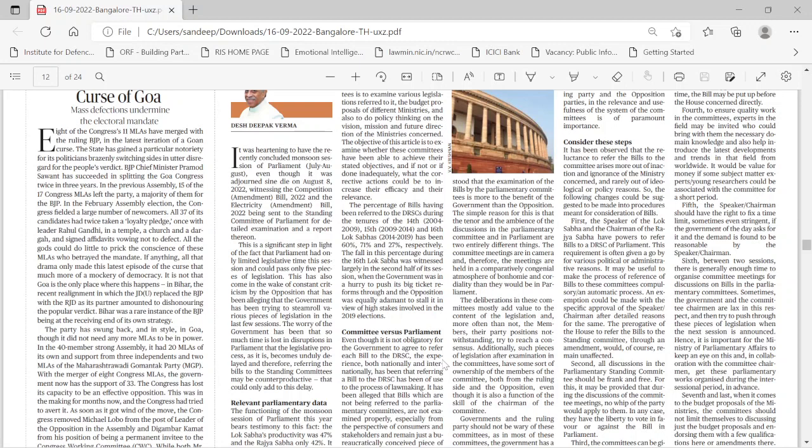And if the members don't talk in that manner, then the party can remove them. It is considered to be a violation of the whip. So, if MPs have to explain it in a proper manner, then in the parliamentary committees, the whip must not be there. Let the whip be in the parliament. This is the second point he tries to tell.